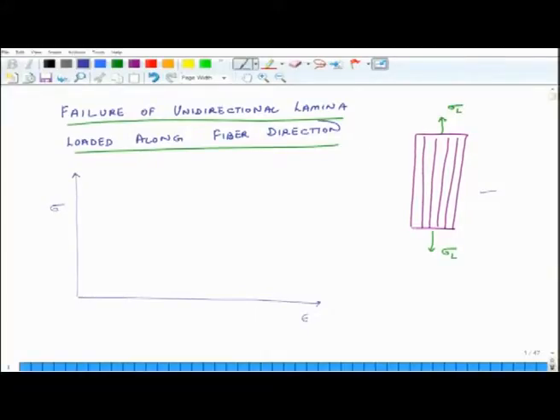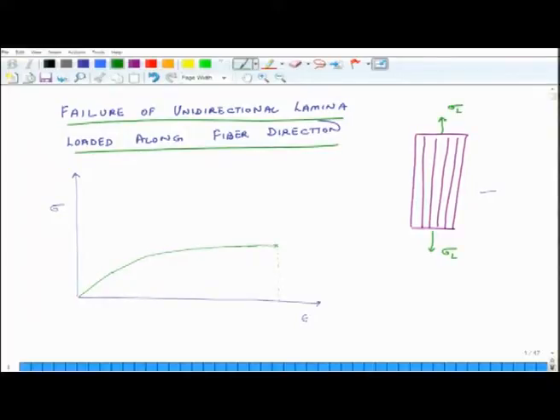If I have a piece of matrix material, initially it is linearly elastic and then it starts becoming somewhat plastic, and slowly this slope becomes almost 0 and then it fails at a particular point.